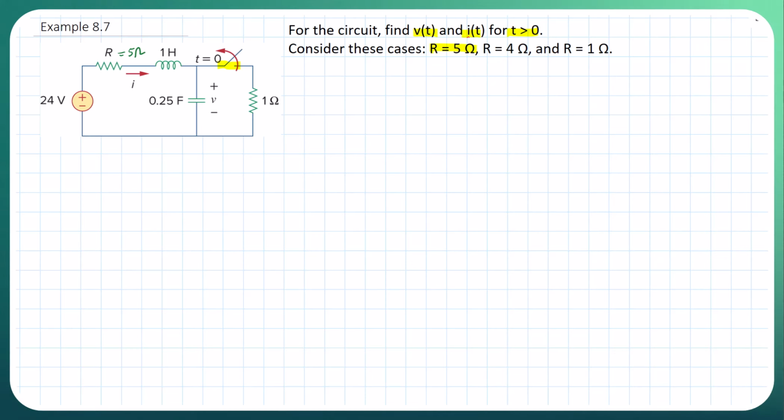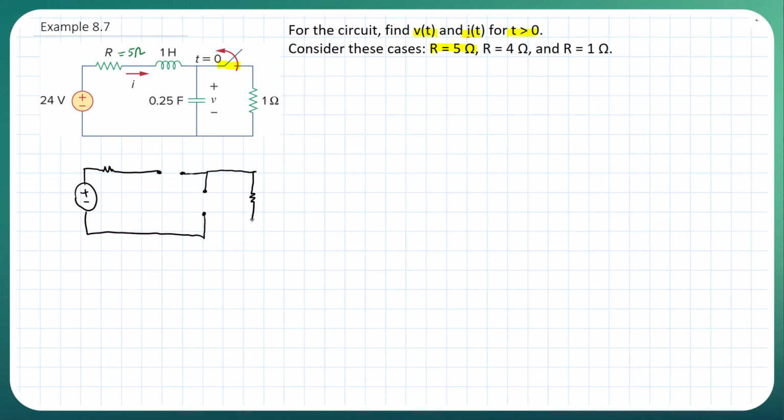Since the switch is closed for a long time, the capacitor is going to behave like an open circuit. So if I draw the circuit again, I have a resistor, and then the inductor, and I'll just modify it in a second.